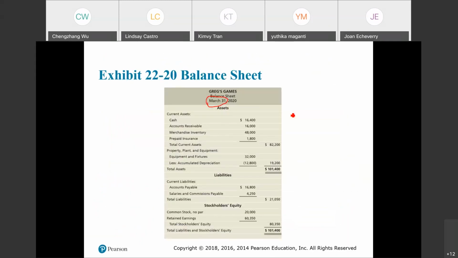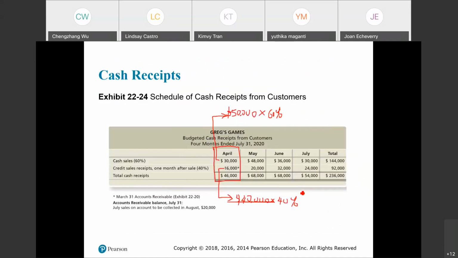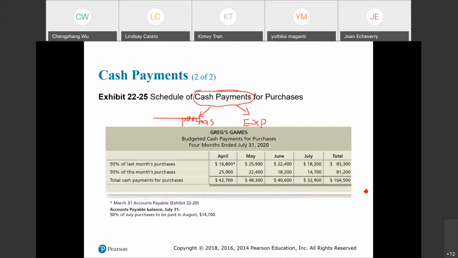Let's go back. Total accounts payable, this amount. So let's carry this amount to here. That means the accounts payable in March will be paid in cash in April.